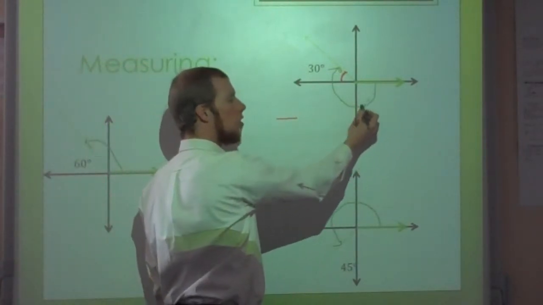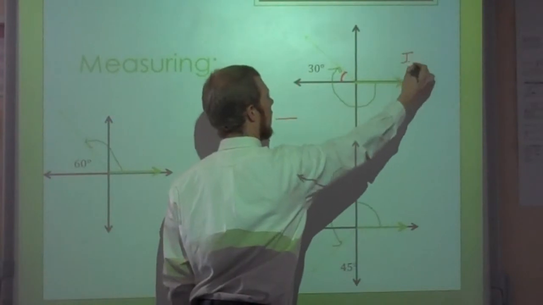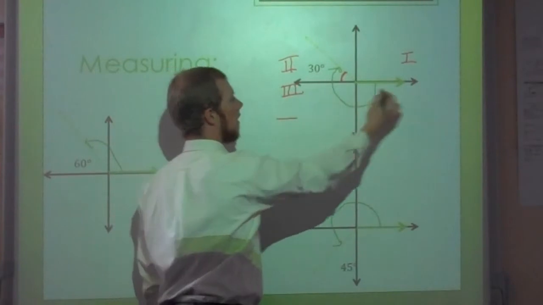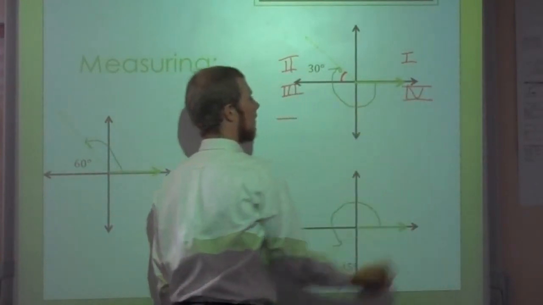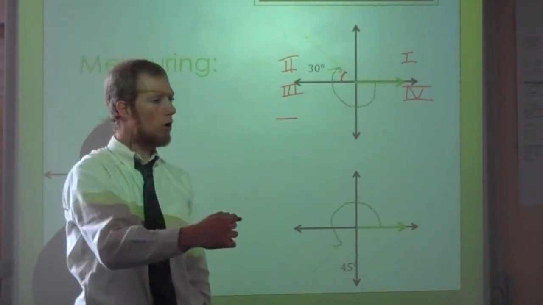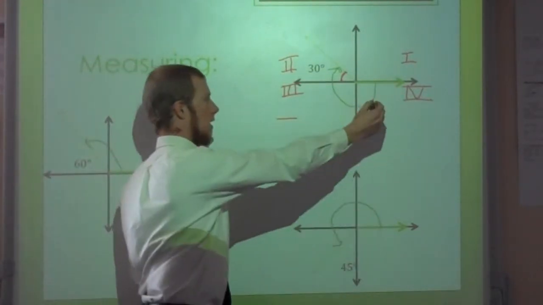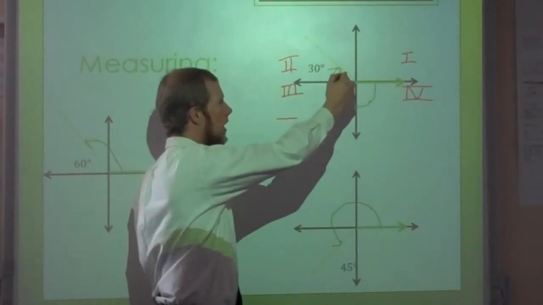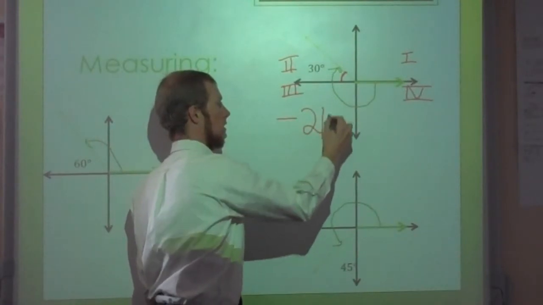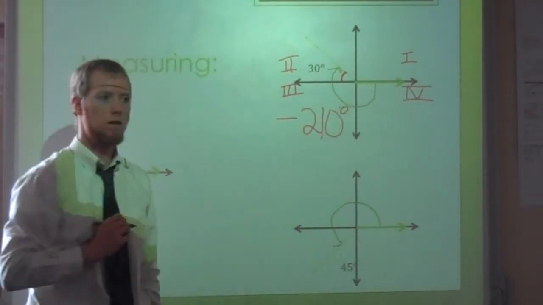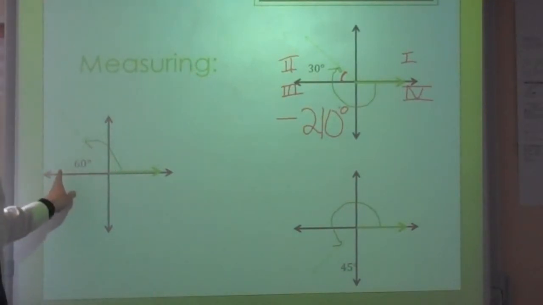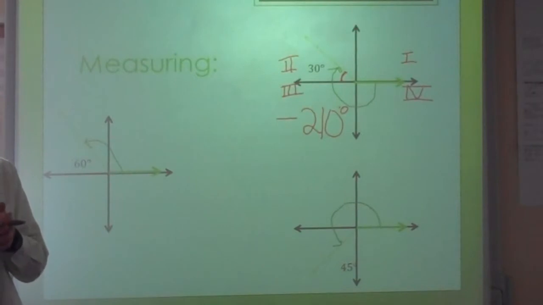And I know that each quadrant, remember this is quadrant 1, 2, 3, and 4, represents 90 degrees, such that if you went through all 4, you would go 360. So 90 plus 90 plus 30 is going to give me negative 210 degrees.